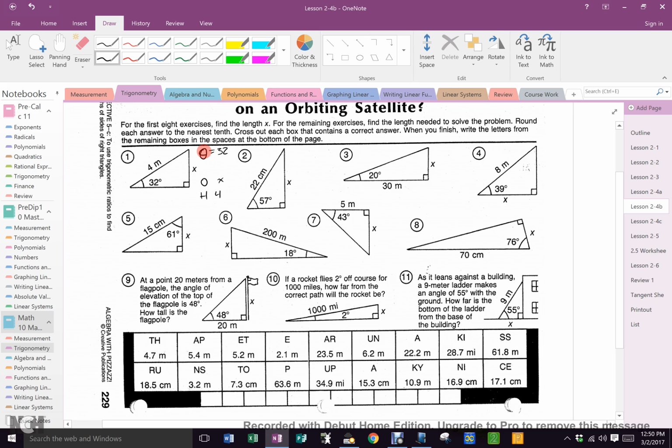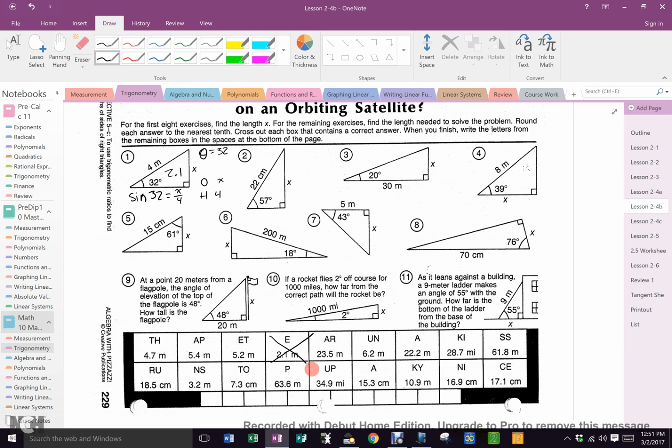Sine, cos, or tan? Sine. So you would do the math. And it would be sine 32 equals x over 4. Solve that with algebra. 4 times sine 32. 2.1. You go to 2.1 and you cross it out on that page. Got it?